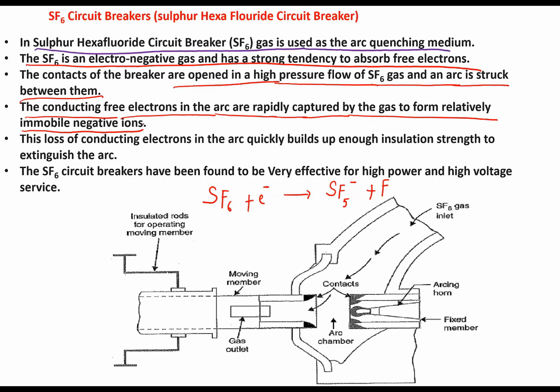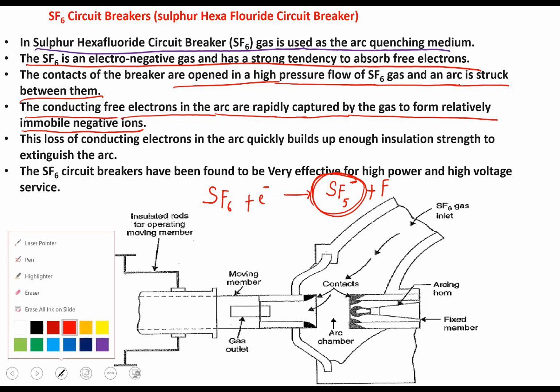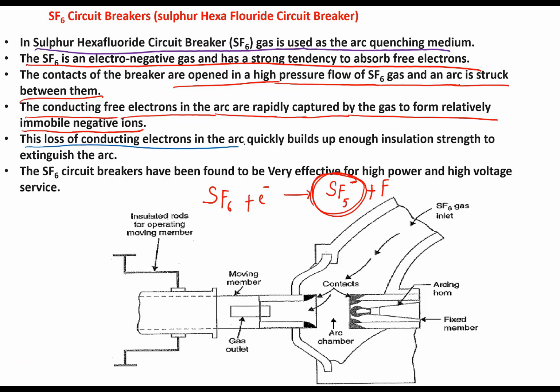So this gas will absorb all free electrons and form immobile SF5 negative ions, more ions which do not conduct. Okay. So the loss of conducting electrons in the arc quickly builds up enough insulation strength and extinguishes the arc. When there are no free electrons, the dielectric strength of the medium regains very quickly and the arc is quenched.